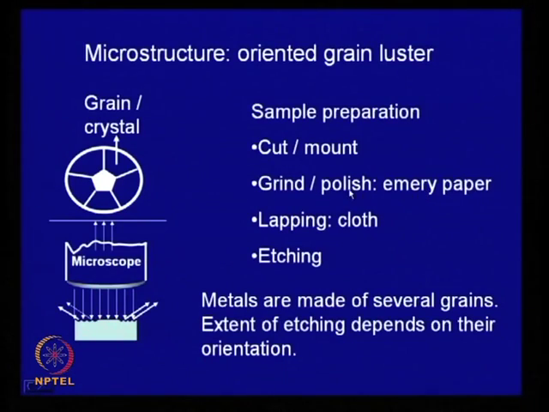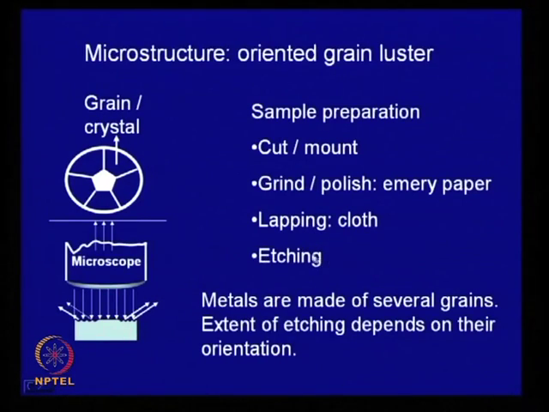There is a series of emery papers with different grit sizes, and finally you polish it on a cloth, usually wet polishing, where you have a water and polishing powder mixture put on a rotating disc with a cloth mounted on it. This process is called lapping.